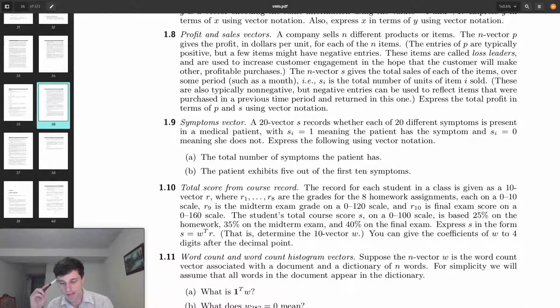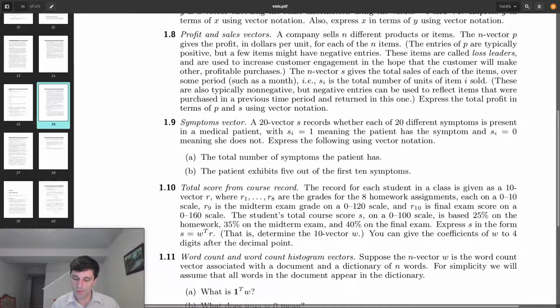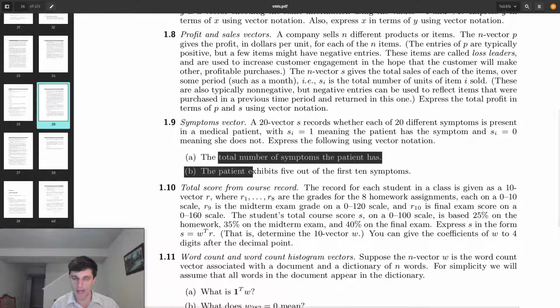B, the patient exhibits 5 out of the first 10 symptoms. Okay, so first I'm supposed to do the total number of symptoms the patient has. So let's take a stab at that.